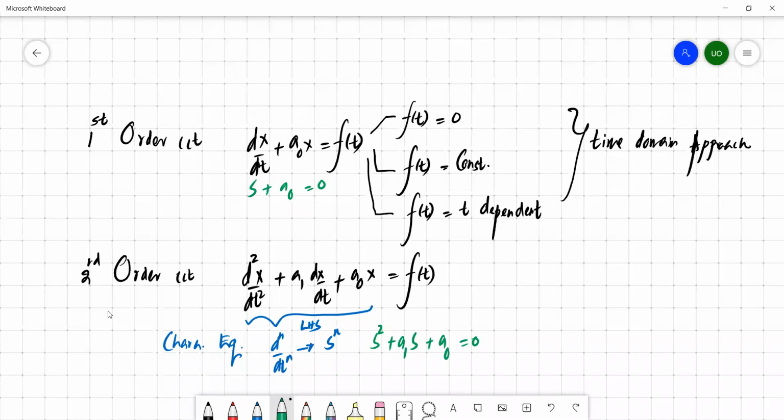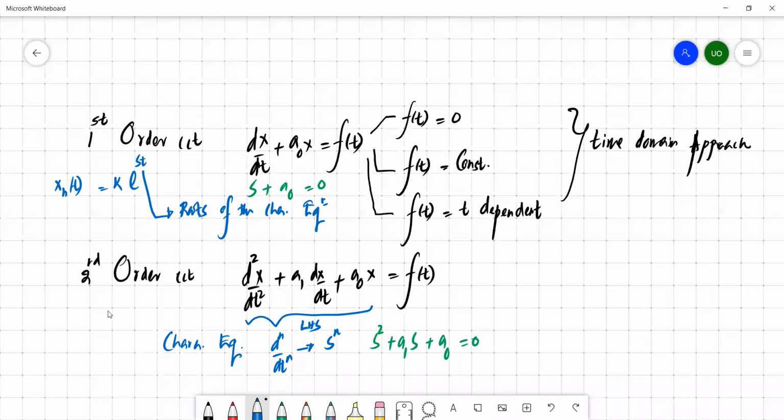In both cases, the natural response of the system is in the form of k e to the power st, where s is the root of the characteristic equation. For the first order case, we end up with a single root.